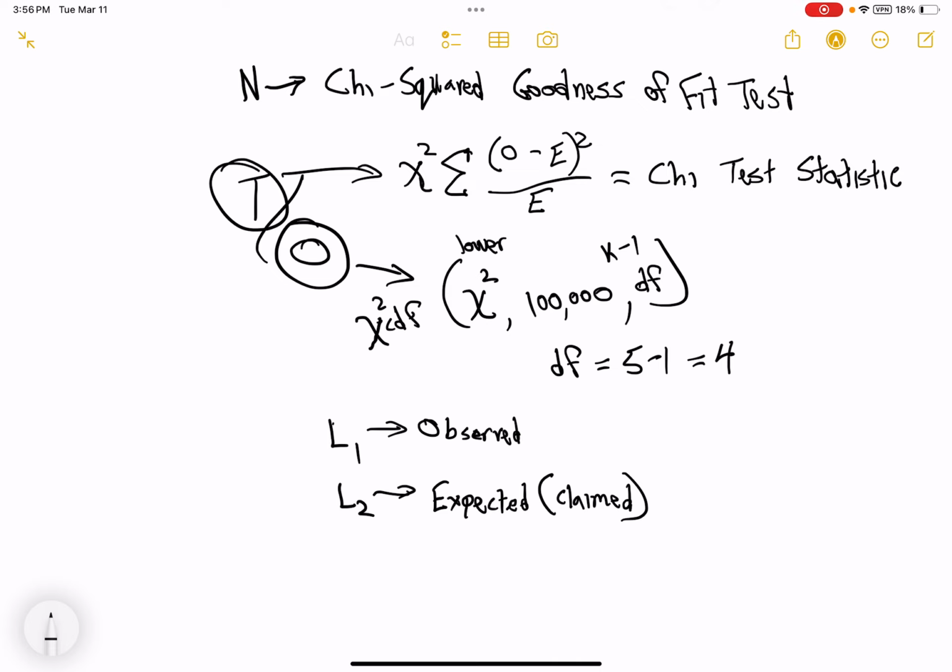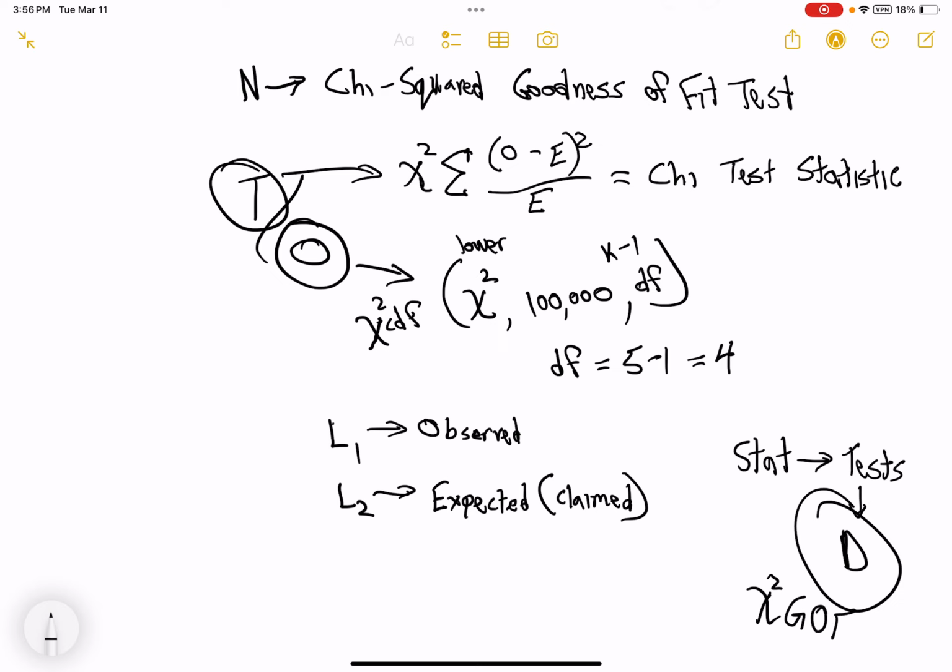What you're then going to do is you're going to Stat, Tests, you know this process. I feel like you already know where we're going. You go all the way down to D. Do not go to C, go to D. That says chi-squared. You want the one that says GOF test, not just regular chi-squared.